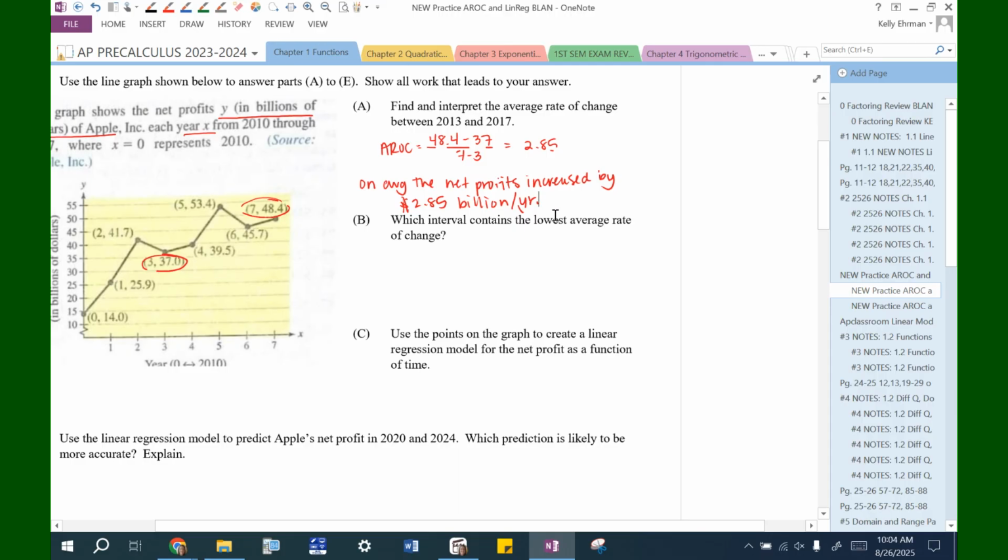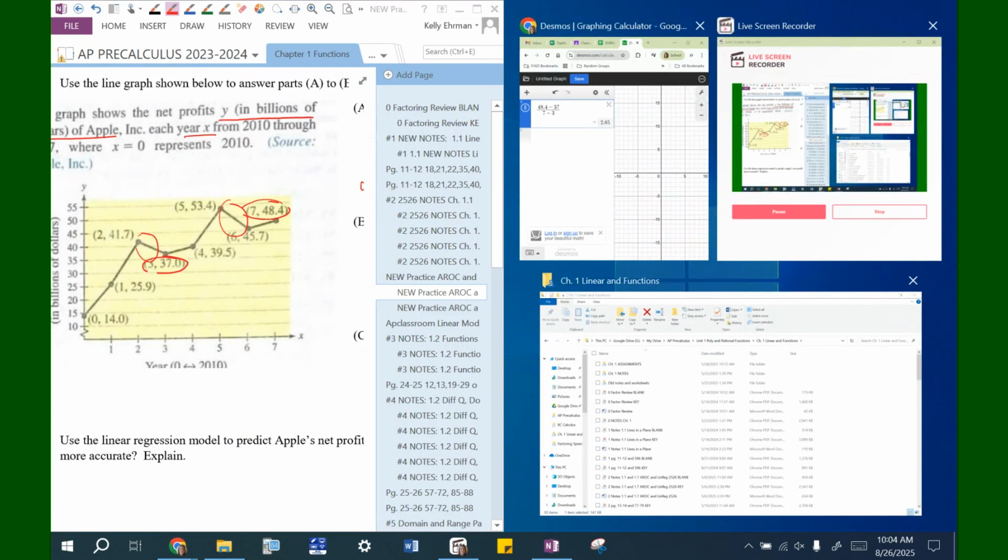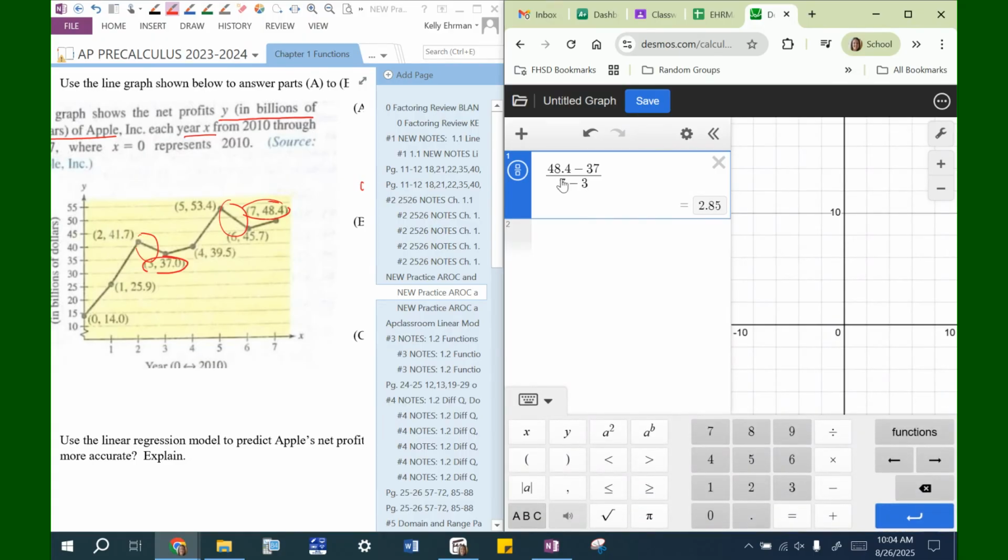Which interval contains the lowest average rate of change? Remember, lowest is just the lowest number. So are there any negatives? Yes, we have a negative here and here. Whichever is more negative, I think I can see just looking at this, but if you're not sure, you could crunch the numbers here.